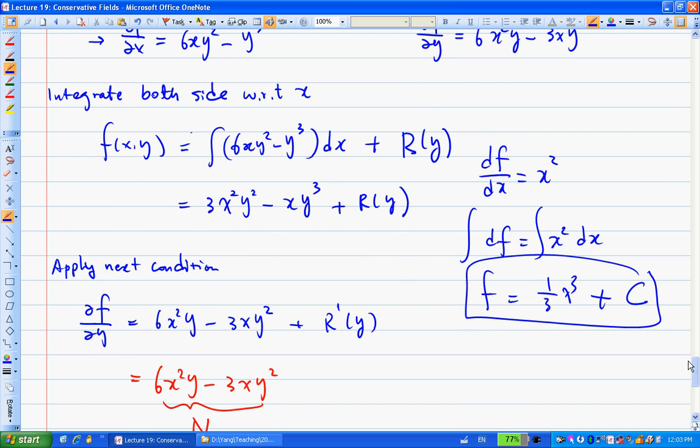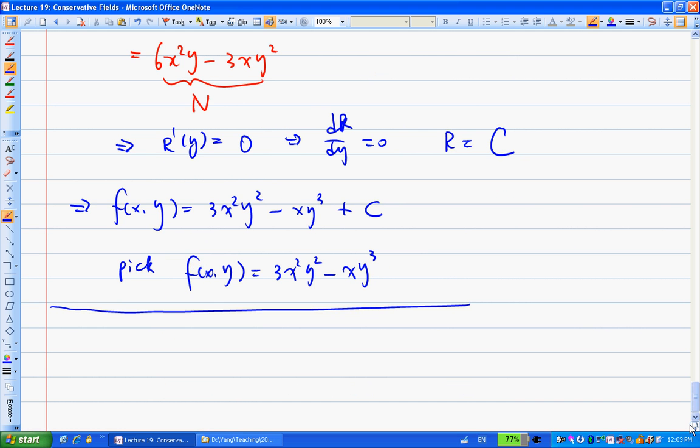So we take the partial derivative of f with respect to y, retaining this r of y as it is, and we get this partial derivative. It equals the right side here. Then you cancel terms, you get this equal to 0, and r equal to c. Good. So that concludes the conservative field. Any questions? Okay.